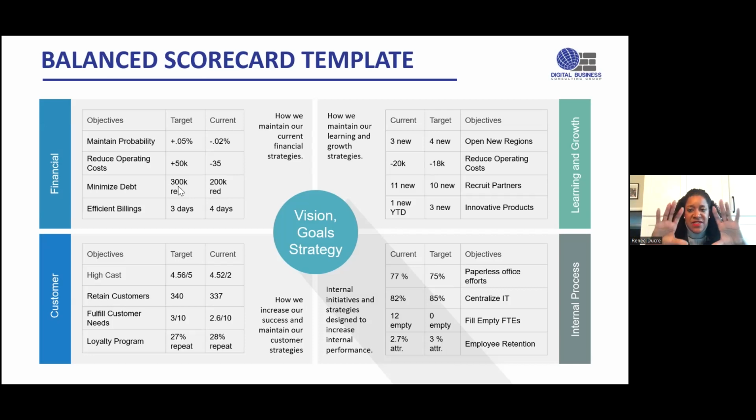So we have a top-level sheet, and then an individual sheet that looks at those same metrics for each of the individual brands. And then we roll that up to the main balanced scorecard summary sheet.